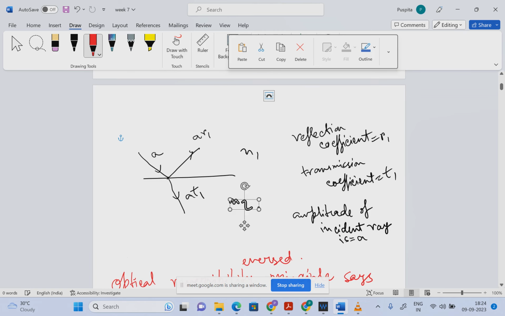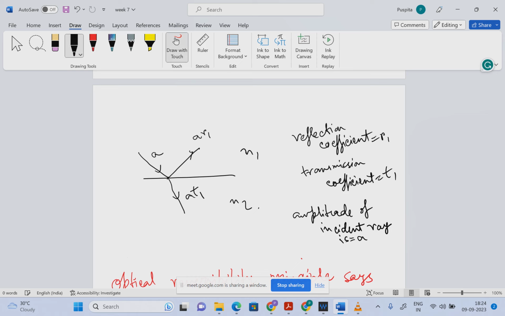So here we have seen a ray of amplitude A falling on an interface of two media of refractive index N1 and N2. Part of the ray is reflected, which becomes A R1, and part is transmitted, which is A T1.